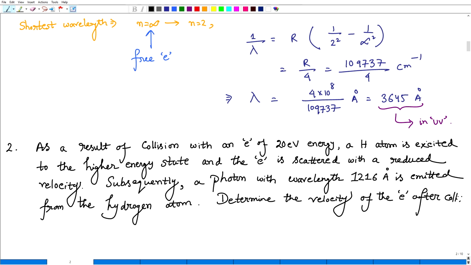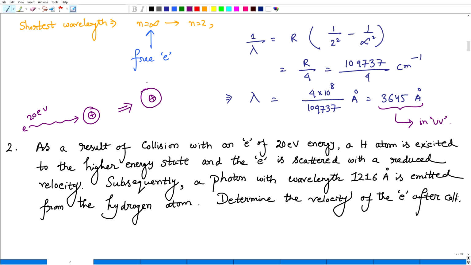So what is given here? There is a hydrogen atom, and one electron having energy 20 electron volt is coming and colliding with it. This is our first ray. And what happens? The hydrogen atom gets excited to a higher energy state.